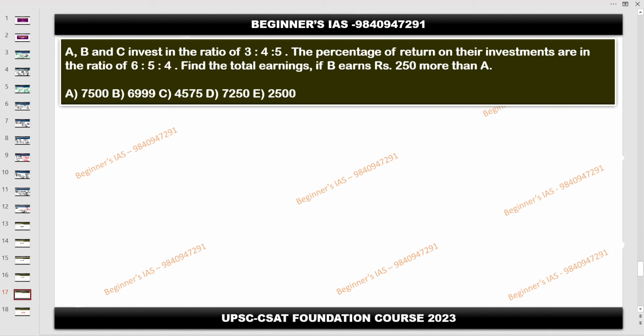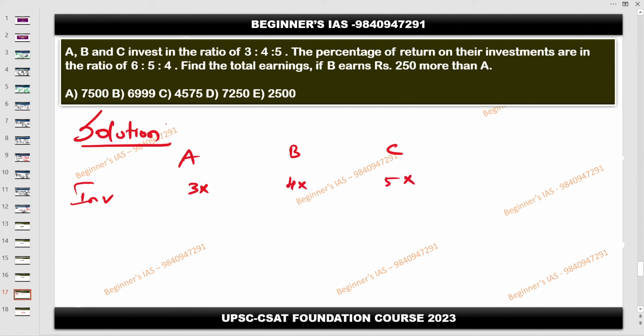So here three people are there, A, B, C. What is their investment? 3x, 4x, 5x. What is the percentage of the return? What is the rate of return? That is the percentage of the return on their investment.